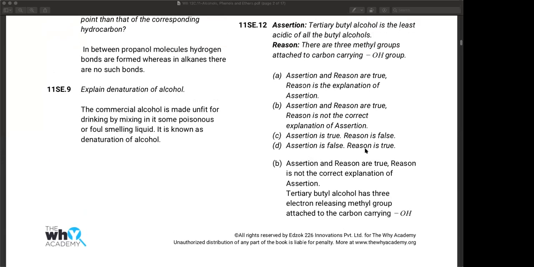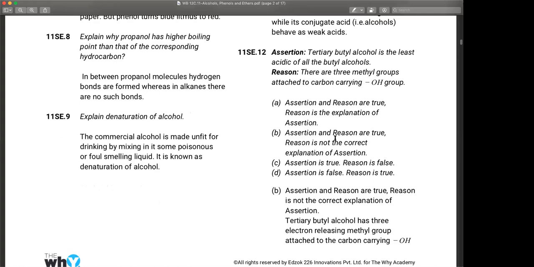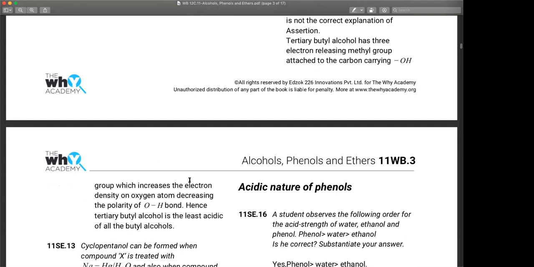So if they talk about anything about polarity, that would be a more accurate reason. So you guys are like half correct in that both of them are true, and this is not the complete reason. The methyl groups are electron releasing, which decreases the polarity. So that is the reason that tertiary butyl alcohol is least acidic.